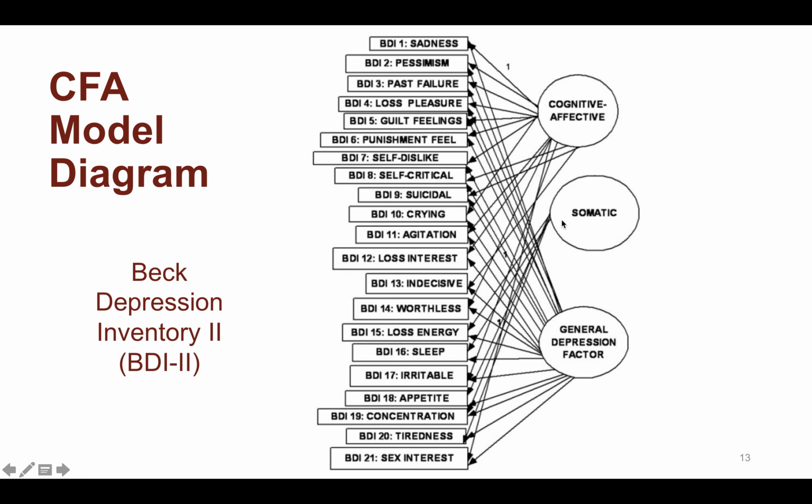And then there are somatic measures of depression, things that are more like physical symptoms like loss of energy, loss of sleep, feeling irritable, loss of appetite, things like that. Basically all of them would load onto this general factor. So there are some that are specifically cognitive affective, some that are specifically somatic, and all of them taken together are considered to be general measures of depression.